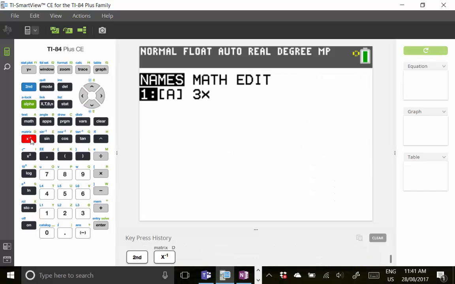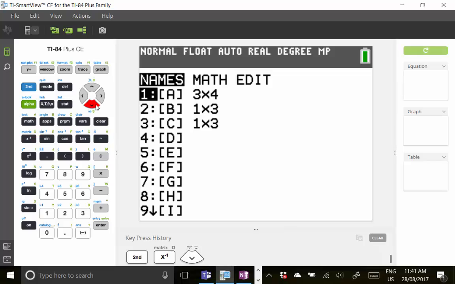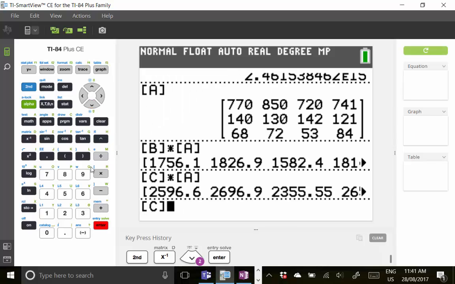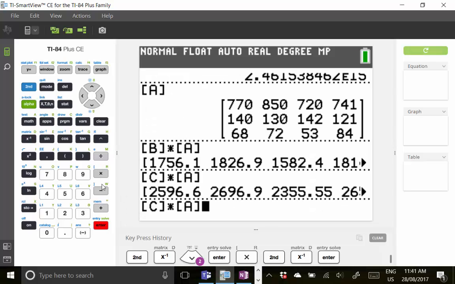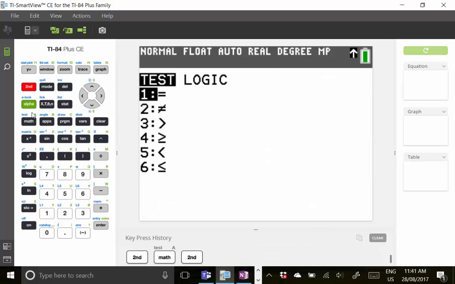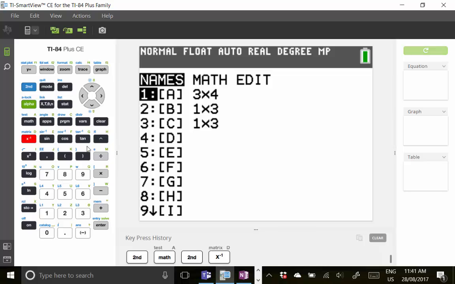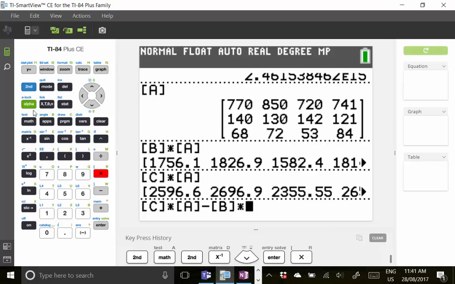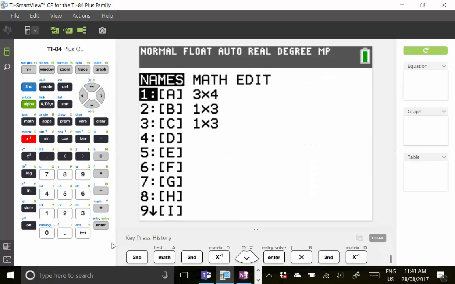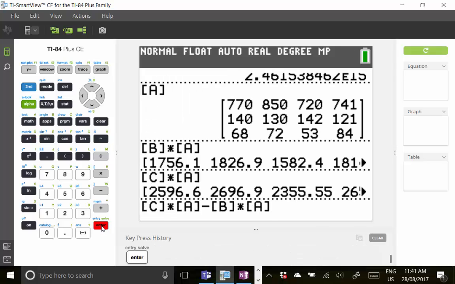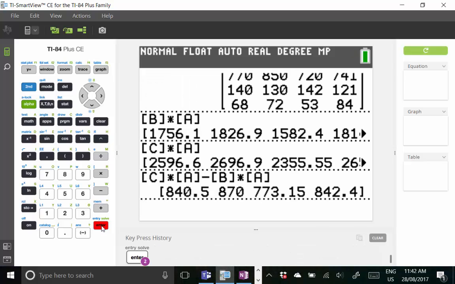So if I go matrix C times A, and then I take away matrix B times A, then that's going to work out the difference between those things.